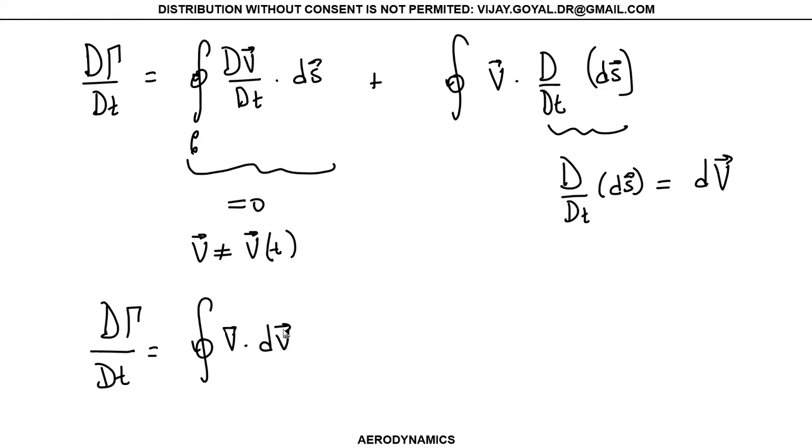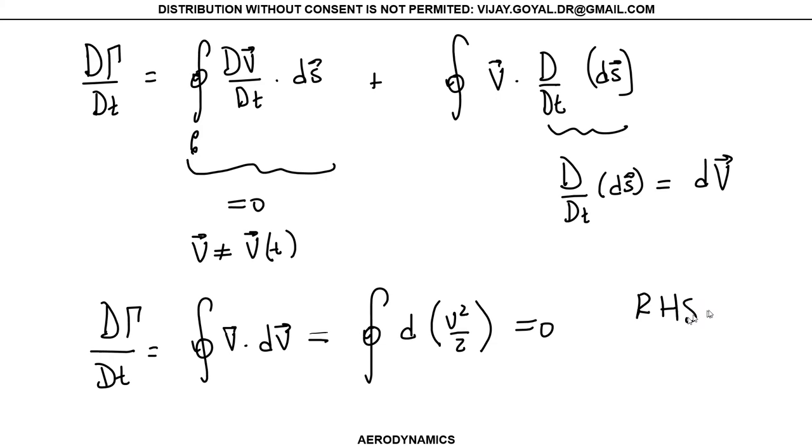Let's work this out a little bit. We know that this is the same as the integral of d(v squared over 2). We showed that in class, and we showed that it was equal to 0. So the right hand side is equal to 0.